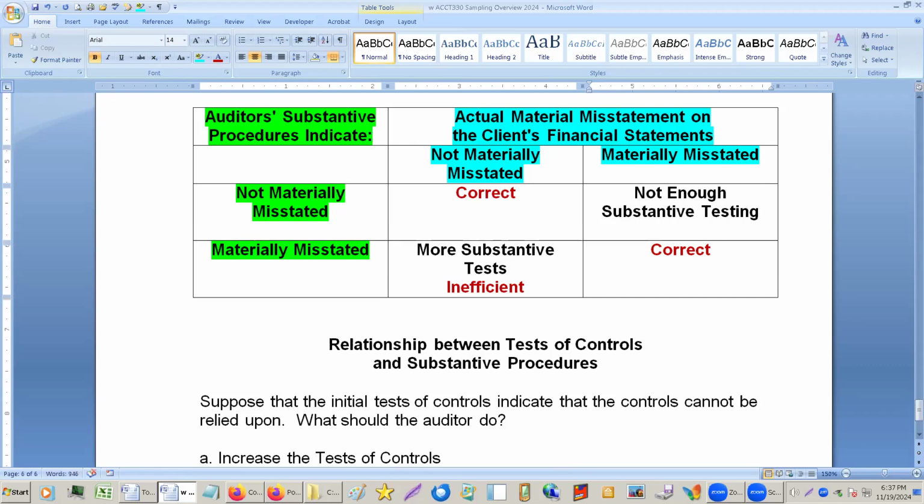And this leads to an ineffective audit, and this is the one that scares you. Oops, left off a couple of letters here. And that makes for an ineffective audit.